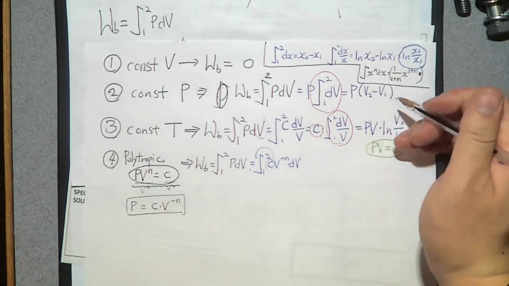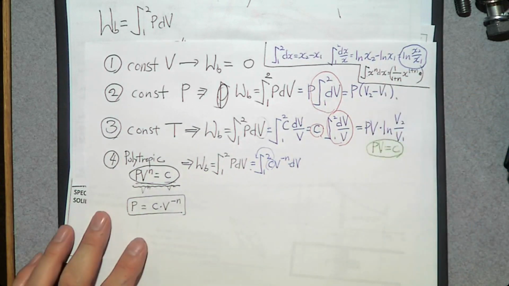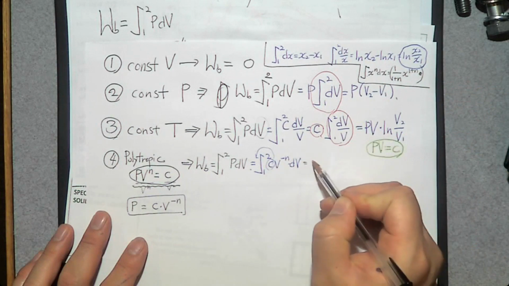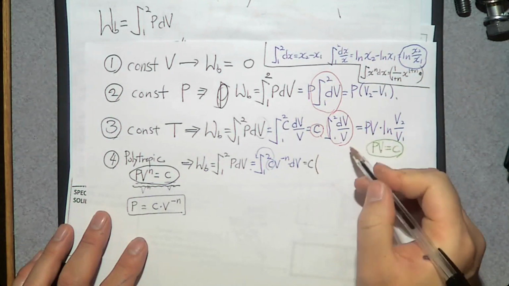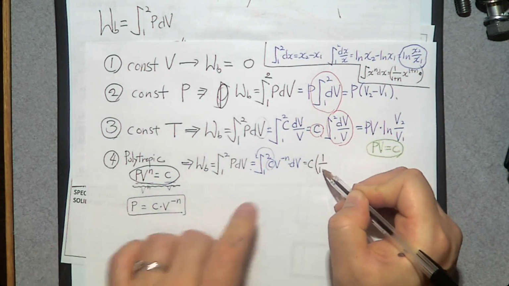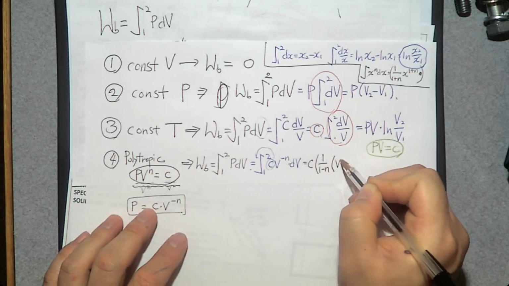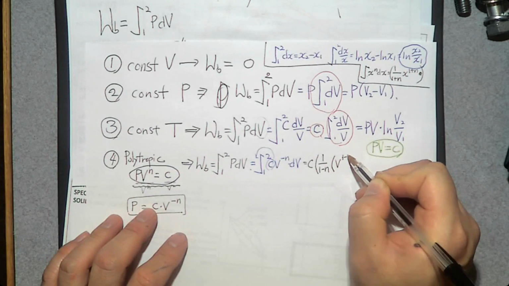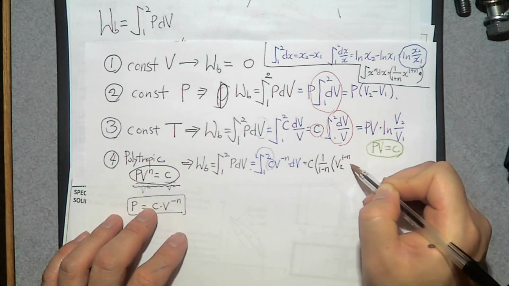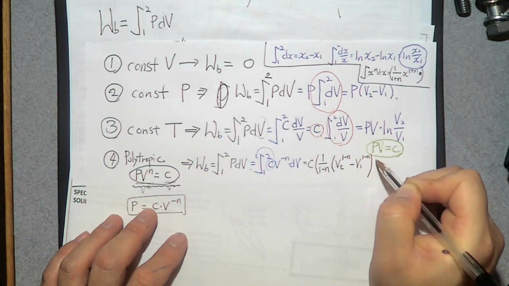Then the same thing. V to the minus n is going to be plus 1. By the way, C comes out, C times 1 over 1 plus n, no, there's a minus n, 1 minus n, times V to the power 1 minus n, this is the final volume, minus V1 to the power 1 minus n.